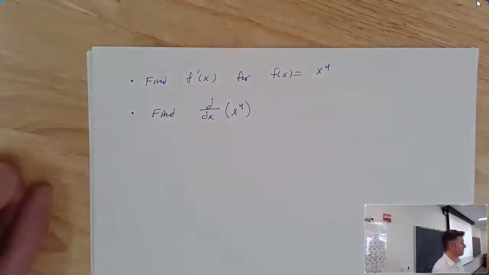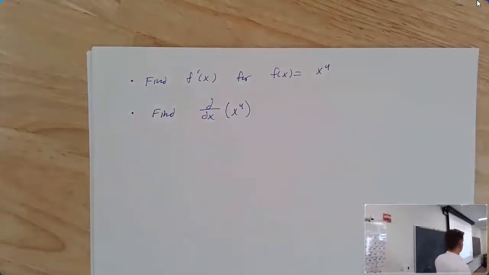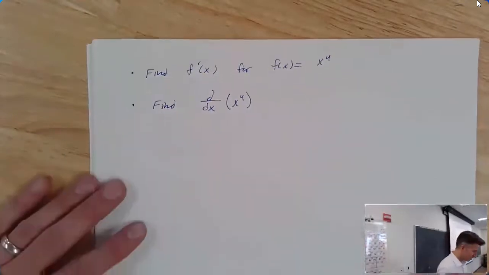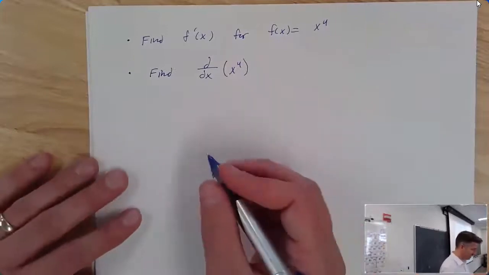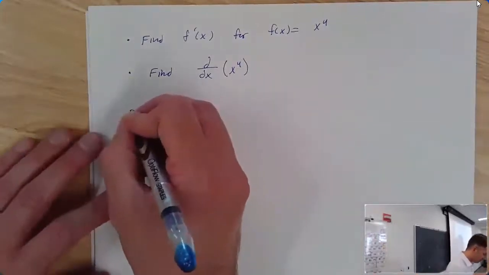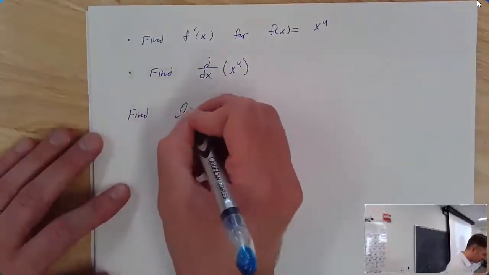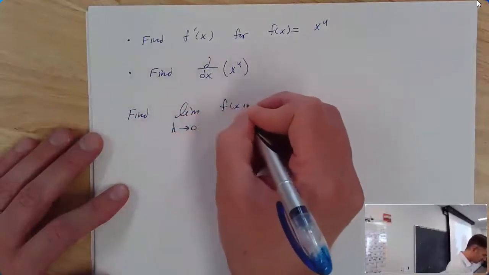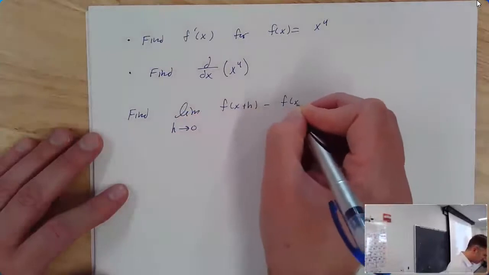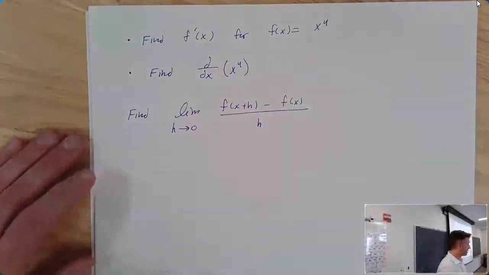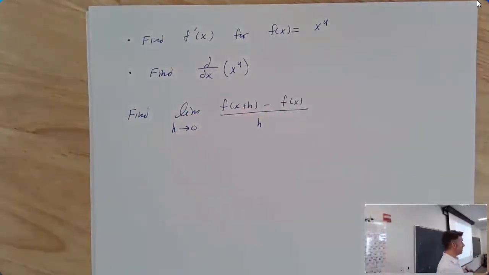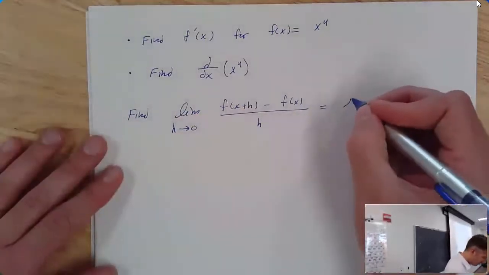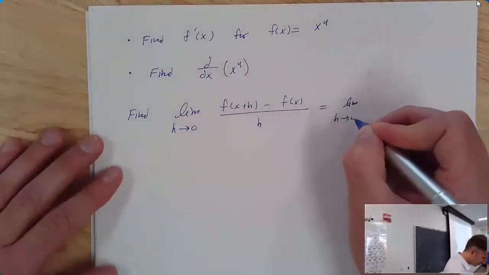Those are both notations that say the same thing, just in a different way. Either way, we're going to use the limit definition. So we're going to find the limit as h goes to 0 of f of x plus h minus f of x over h. And now we're good to go because we just found out that x plus h to the 4th is what it is.